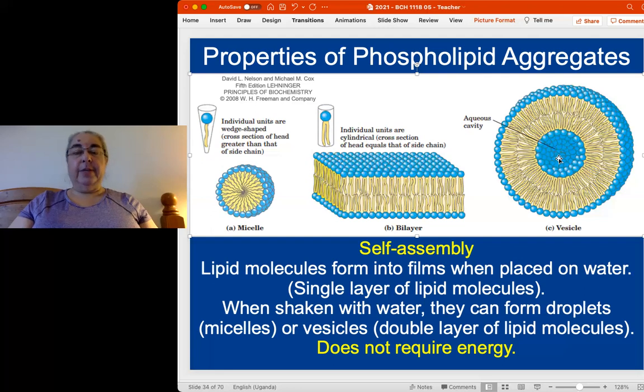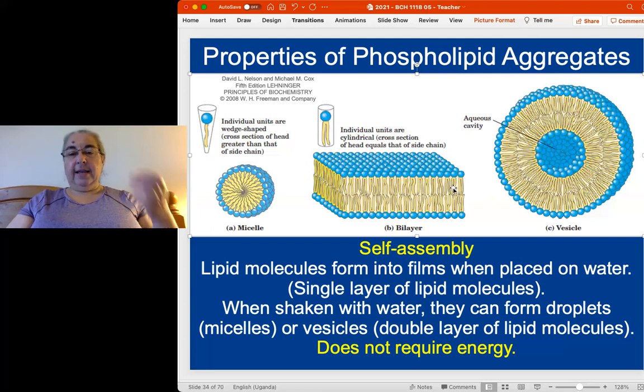If we think of a lipid transport vesicle, we have the rest of the cell on the outside and the contents of the vesicle on the inside. So this is the sort of assembly that's very important in forming the structure we see in cells.